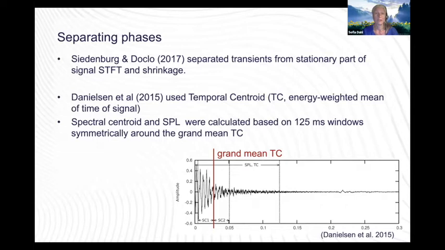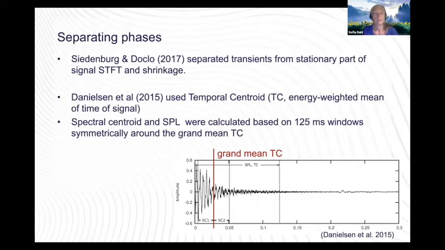We might need to divide the drum stroke and the signal into some portions, and we can do this in different ways. There's been, for instance, the approach of Siedenburg and Doclo that separated the transient from the stationary part of a signal using shrinkage and the short-time Fourier transform. This is very interesting, but perhaps not as useful for us in this case, because we're interested in the timbres rather than the windows.